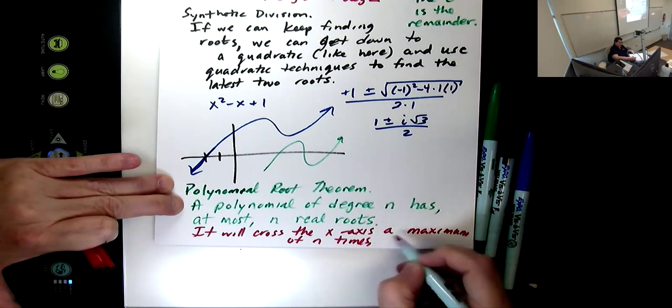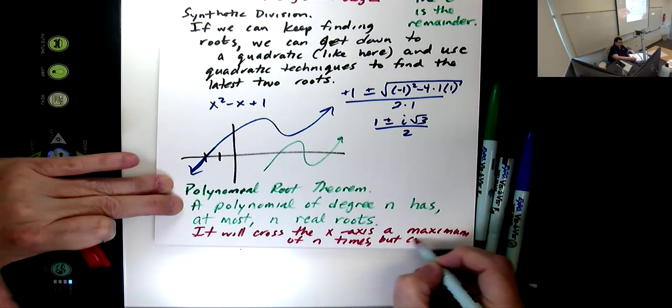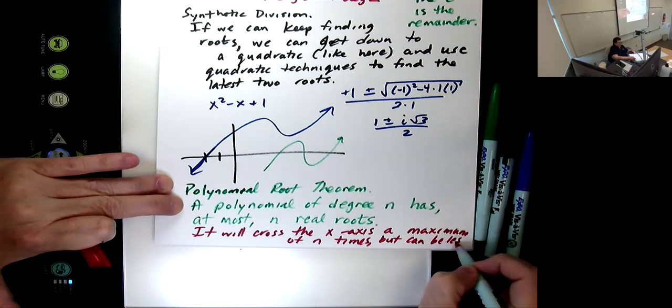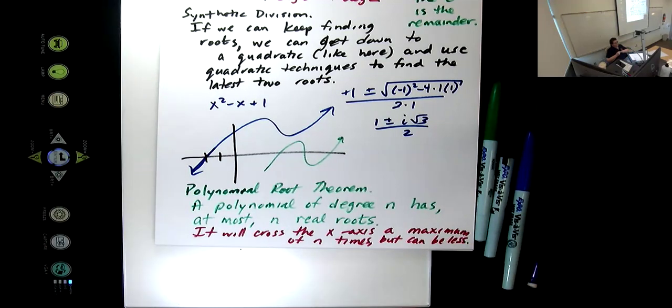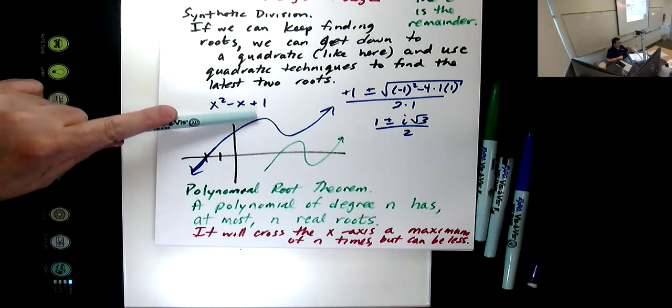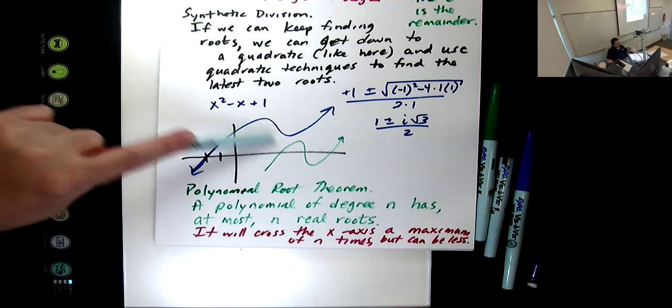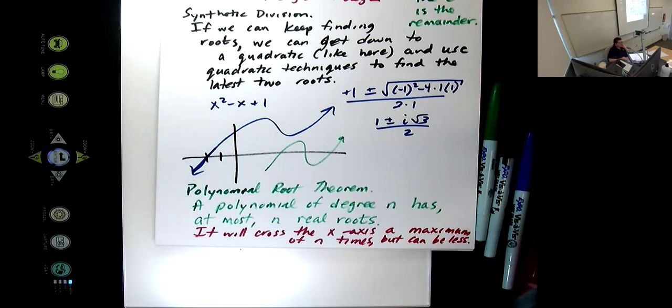But maybe less, or can be less, like it did here. I don't know where it goes back up or back down, but I'm pretty confident it does, as you'll see sometime this week.